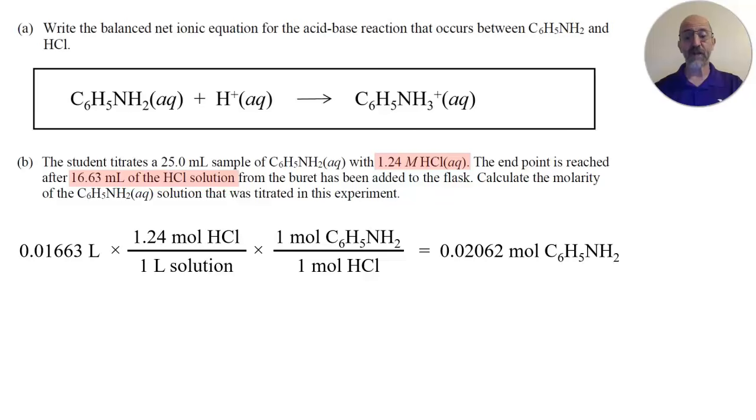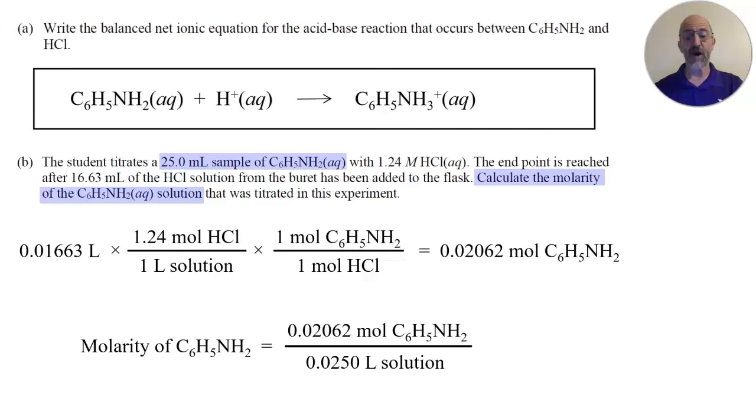So what's the volume of that aniline solution? 25 milliliters, and that would be 0.025 liters. Let's take the moles of aniline, 0.02062, and divide by the volume in liters, so divide by 0.025. You'll notice that I didn't round off that number of moles because I wasn't done yet.